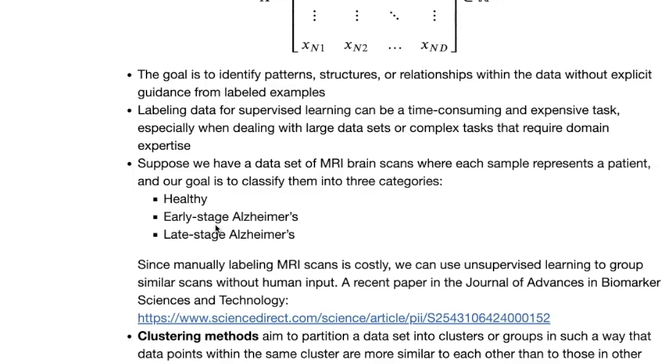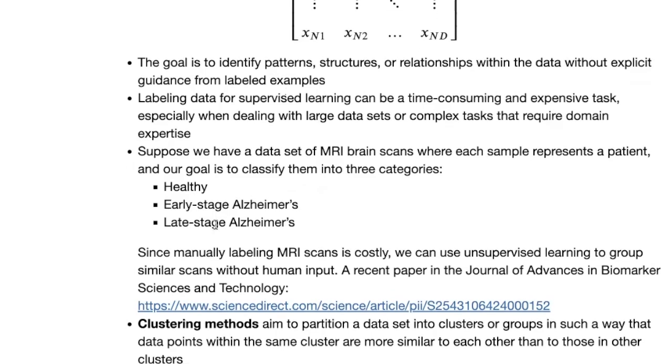Because you need to ask some experts, some physicians, specialists to label these images or scans. And therefore, it is really nice if we can automatically group these brain scans into multiple groups, depending on the context of the problem.